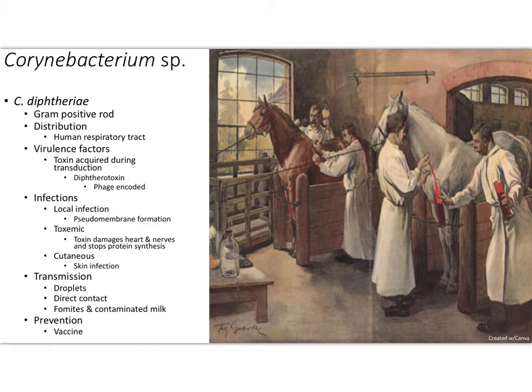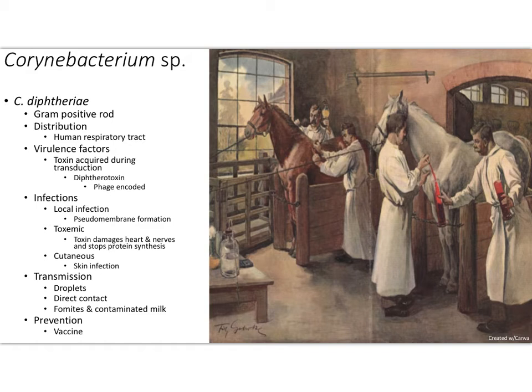In terms of the toxemic infection, what ends up happening is the bacteria grow in the body, they produce this toxin, and for whatever reason, instead of having that pseudomembrane start being produced in the throat, the toxins end up getting into the bloodstream typically. They start circulating throughout the body and start to damage the heart and the nerves by stopping protein synthesis in those regions.